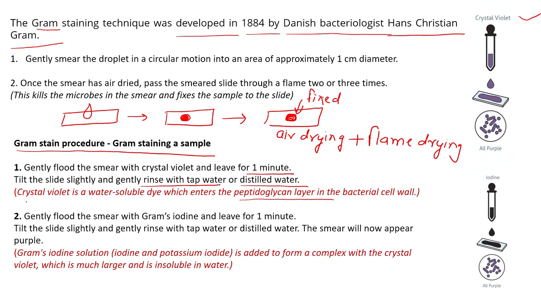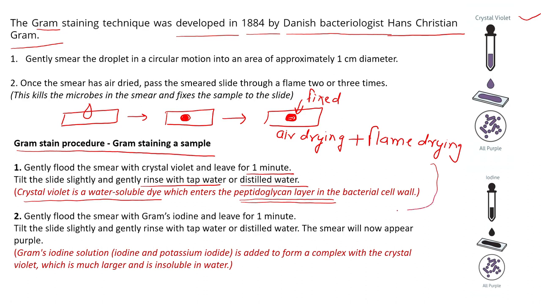Crystal violet is a water-soluble dye and it enters the exposed peptidoglycan layer. In gram-negative bacteria an outer membrane is present, so the crystal violet dye does not enter, but some amount of dye still enters through the porin channel present in gram-negative bacteria.